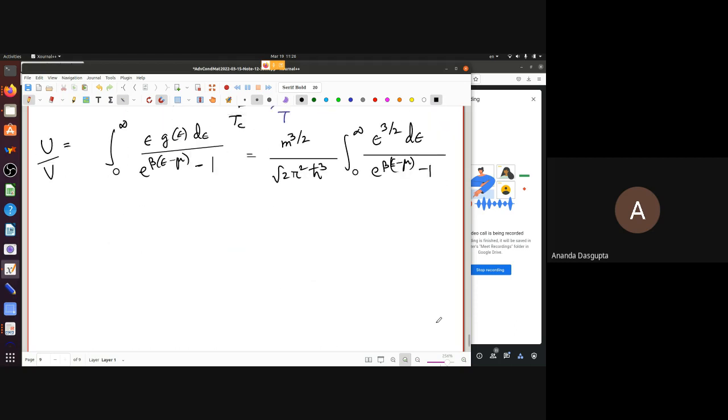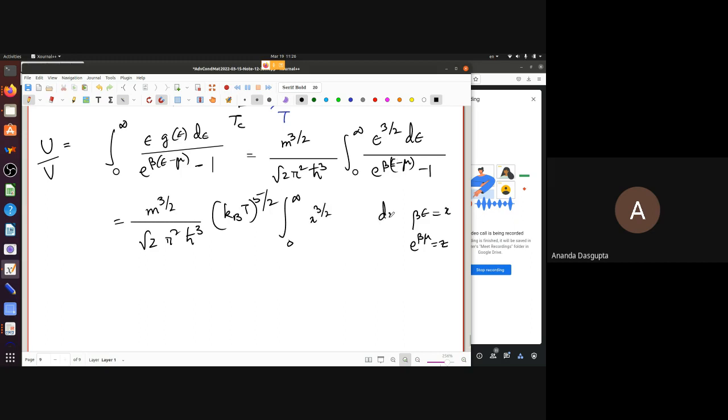Quickly going through the same steps as before, using beta epsilon equal to x as before, we get beta to the power 5 by 2, which gives 1 by beta to the 5 by 2, and then this factor, which is, of course, 1 over e to the power x by z minus 1.